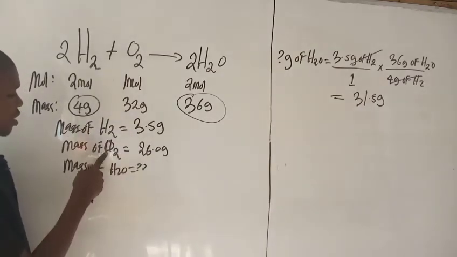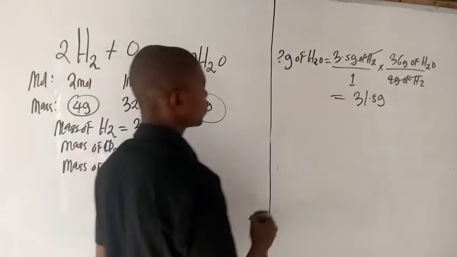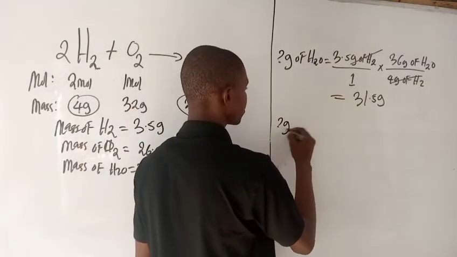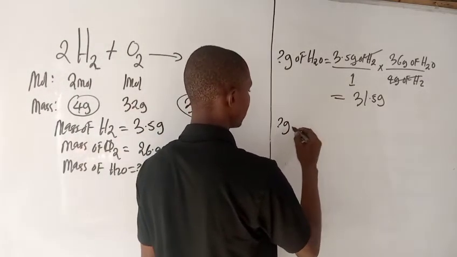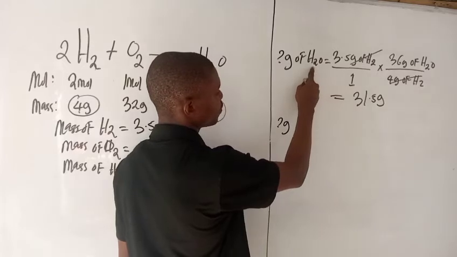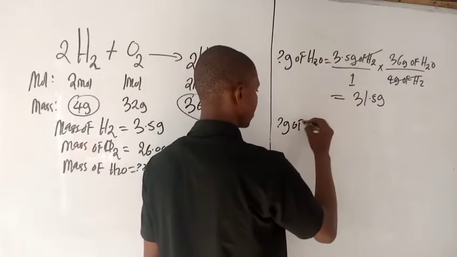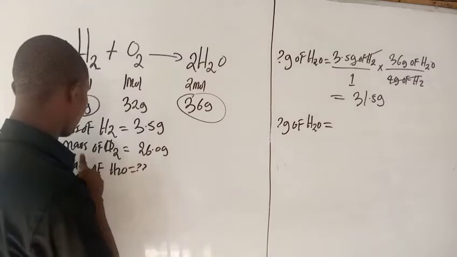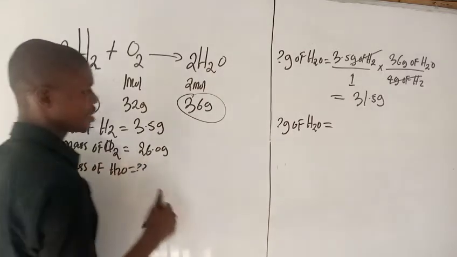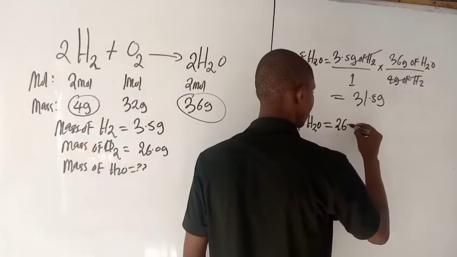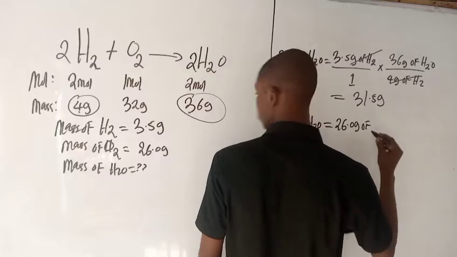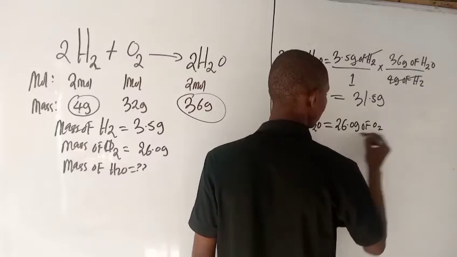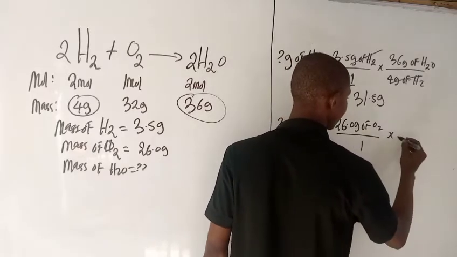You are going to repeat the same thing for the mass of oxygen. We want to calculate the mass of H2O again. The mass of oxygen was given to me to be 26, so here we have 26.0 gram of O2 over 1 times.